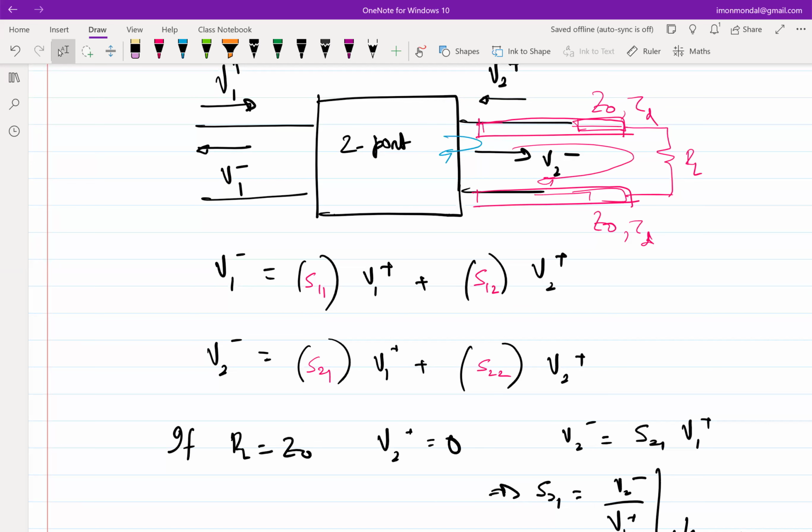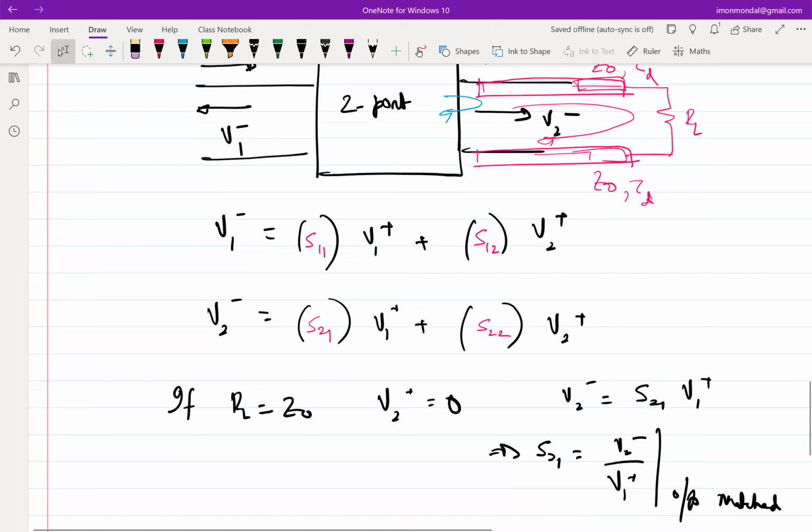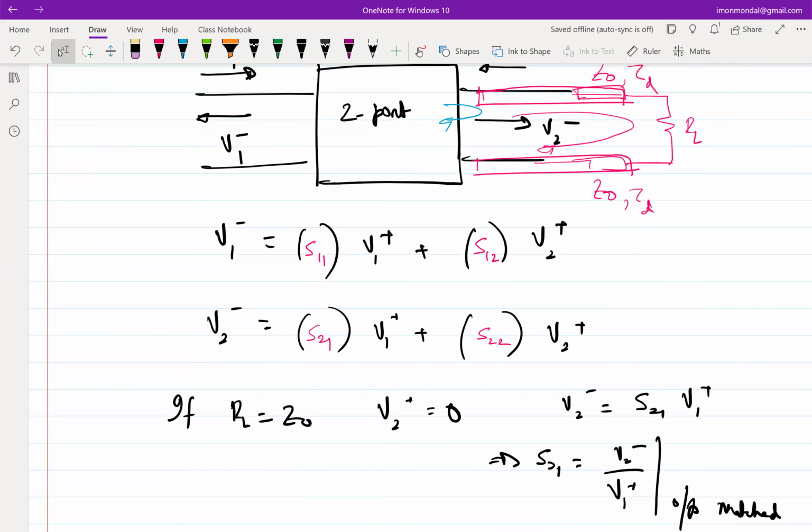What do you want to determine, right? If I am trying to understand your question, you are trying to figure out the S parameters, the individual S11, S12, S21, and S22. No. This is only one condition in which you are able to find out S21.